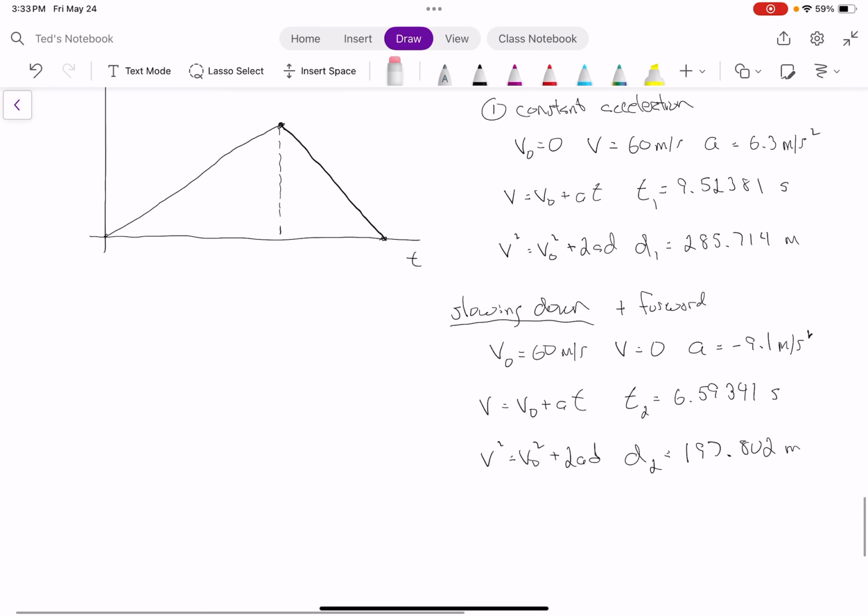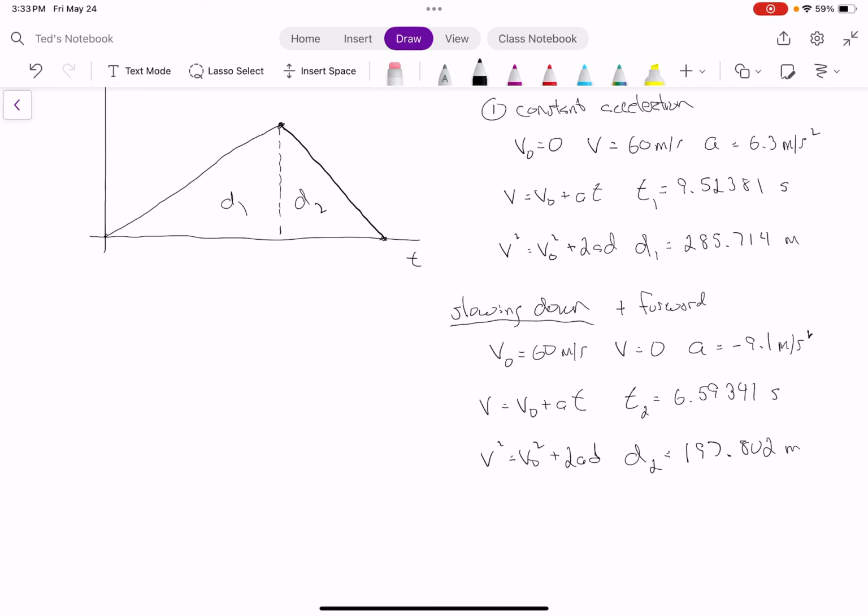Okay, now the question asks, what distance is required to go from 0 to 60 and back to 0? So the distance required is going to be the distance required to speed up plus the distance required to slow down. So that's going to be 285.714 plus 197.802.